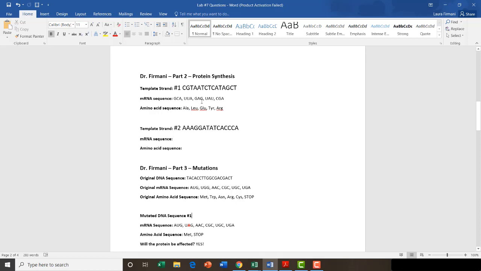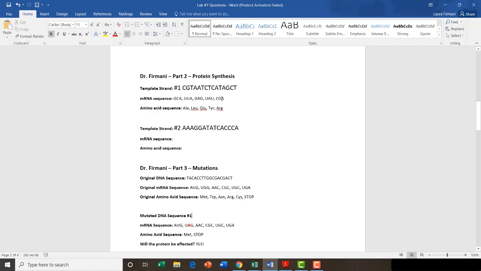Complementary to that is GAG. Next we have ATA, that goes with UAU, and lastly we have GCT, which goes with CGA. So this is my mRNA sequence that I just chunked into my 3 base pair codons.